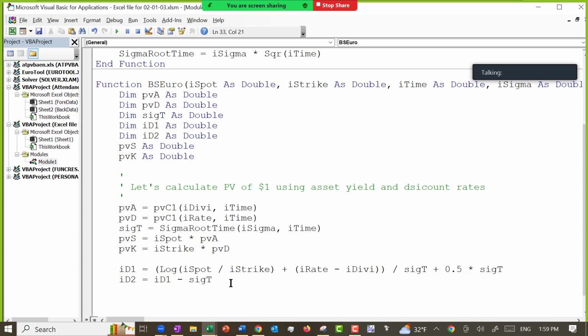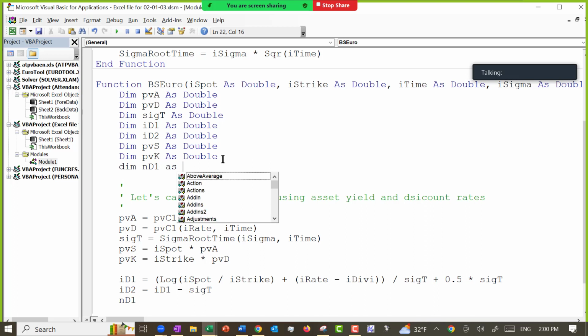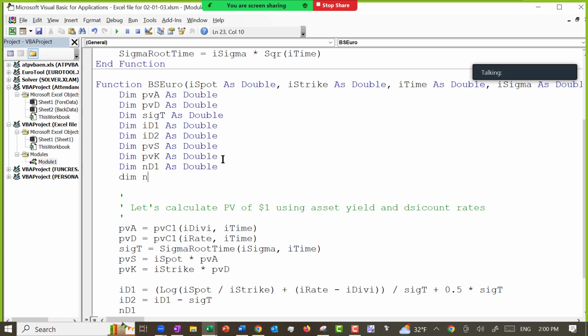We'll put in more comments later on, but next I'm going to calculate. Oh, I should always say Dim in front of these. These declaration statements have to come before anything.